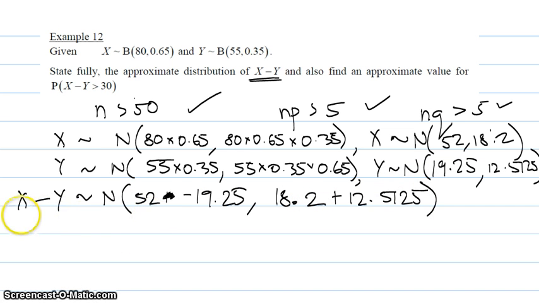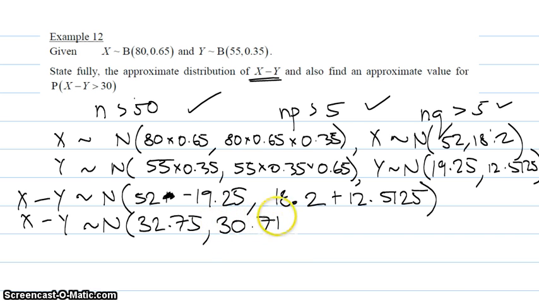So what does that give us? X minus Y has the distribution with 32.75 as its mean and 30.7125 as its variance. And we're asked to find the probability that X minus Y is bigger than 30.